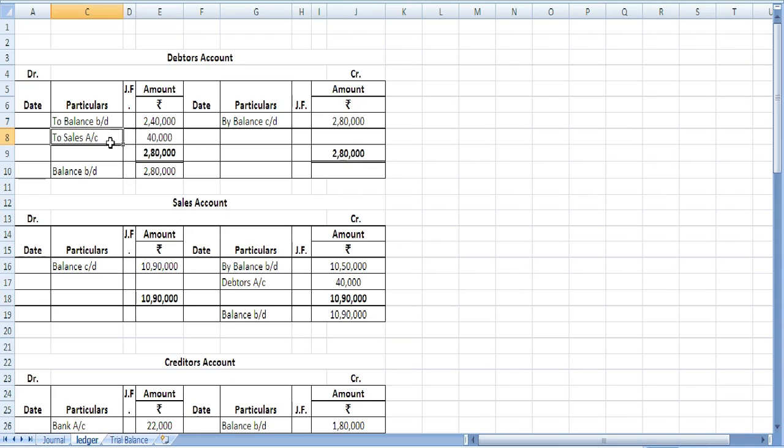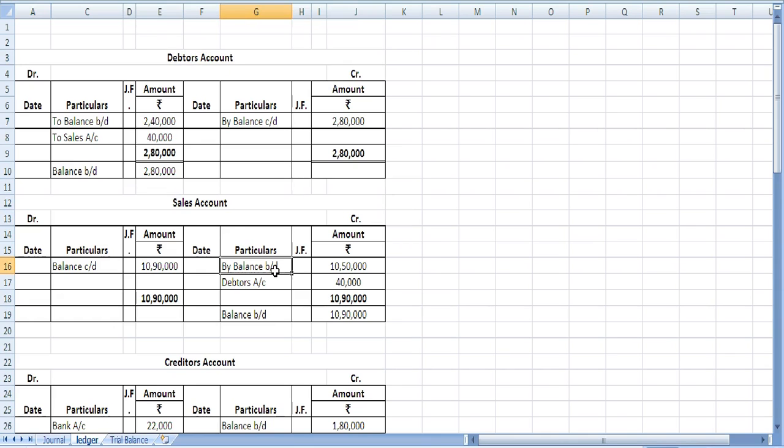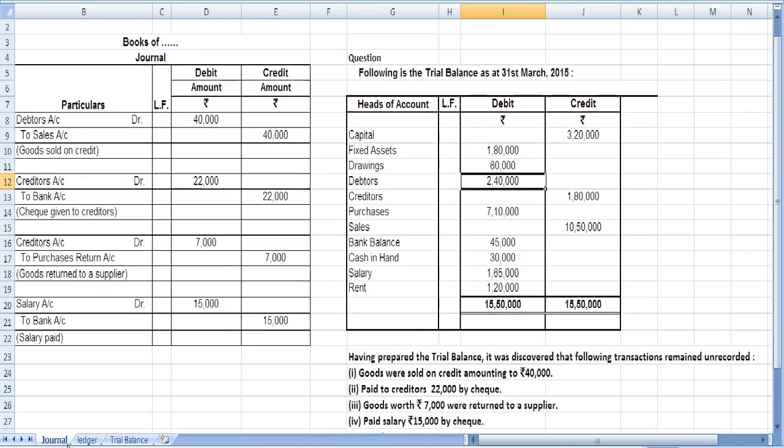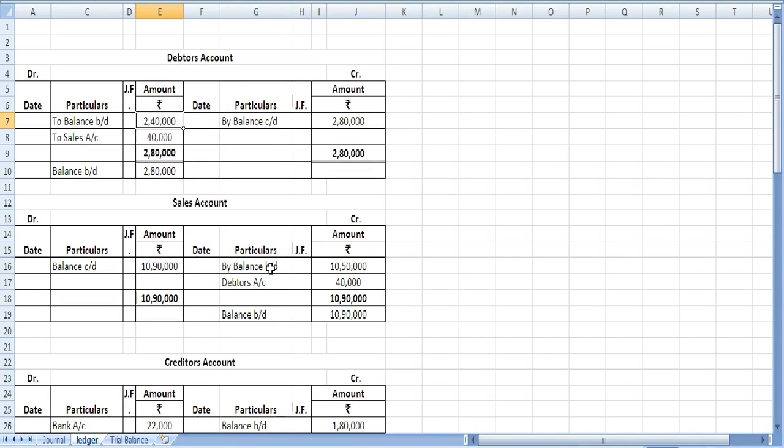Now we have to go to the sales account, and this will become by. But in the sales account we have some opening balance. So we'll write the opening balance for all the accounts first, then we'll do the posting. So debtors 2,40,000.